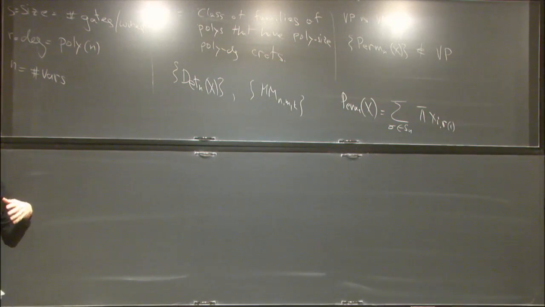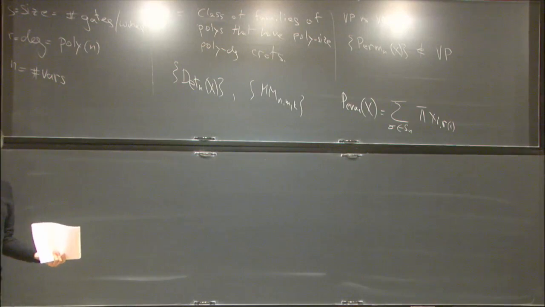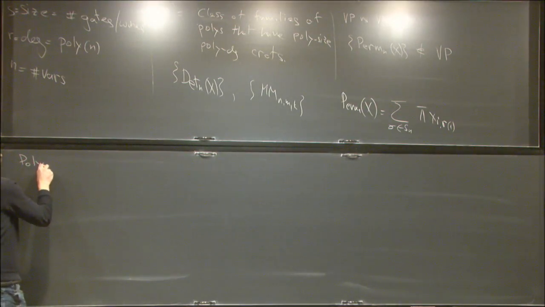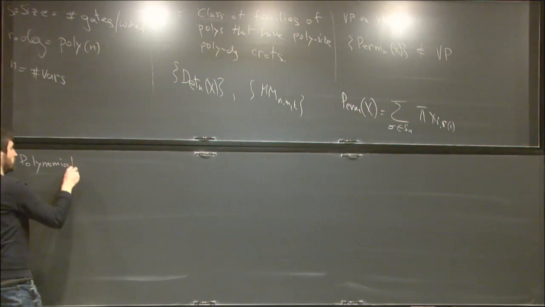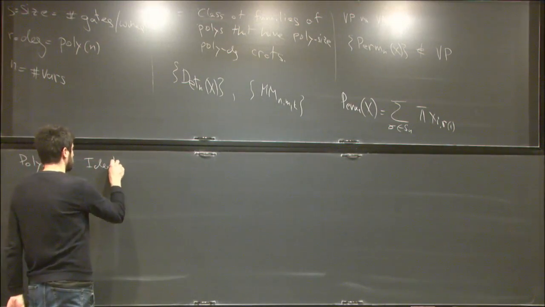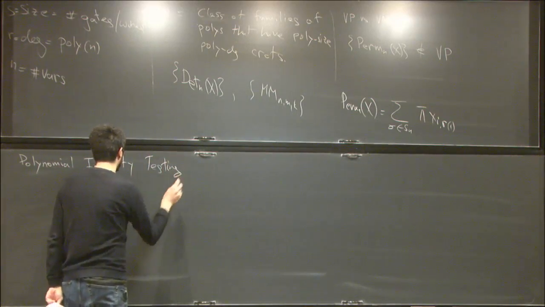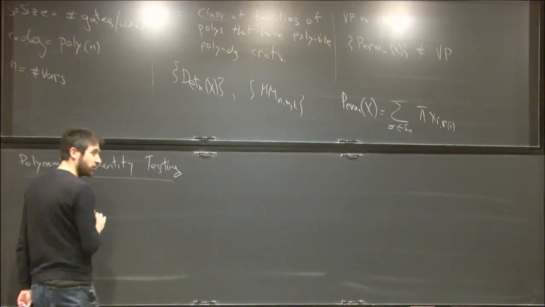But in this talk, we'll be interested in another basic problem related to arithmetic circuits, which is a question about randomization. A basic problem concerning arithmetic circuits is called the polynomial identity testing problem. And that's the problem that asks the following.